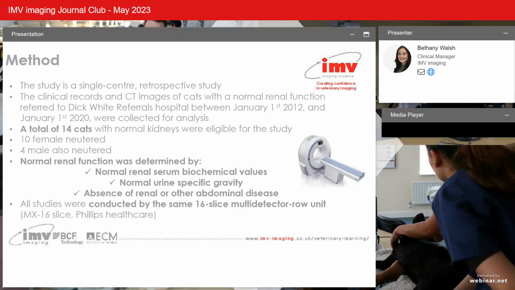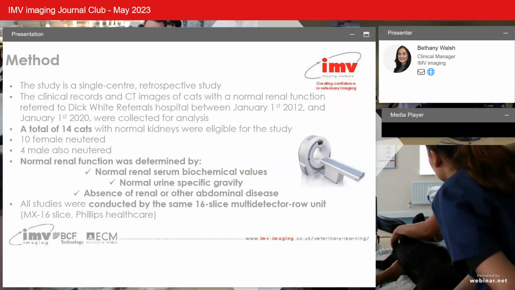The method used in this study: it is a single centre retrospective study. The clinical records and CT images of cats with a normal renal function referred to Dick White Referrals Hospital between January 1st, 2012 and January 1st, 2020 were collected for analysis. A total of 14 cats with normal kidneys were eligible for the study.